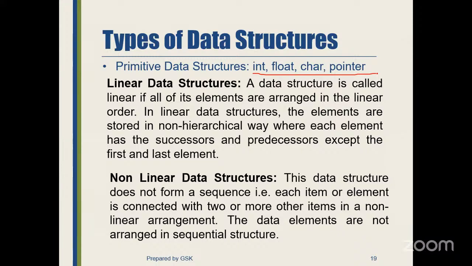And coming to the linear data structure and non-linear data structure, a data structure is called linear data structure if all of its elements are arranged in the linear order, sequential order. In linear data structures, the elements are stored in a non-hierarchical way. There is no hierarchical way we are following here.